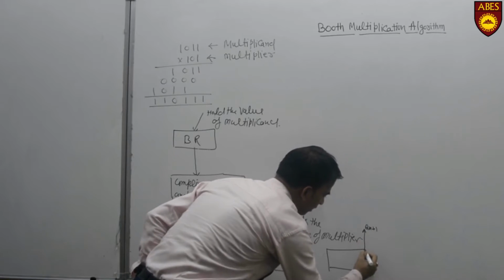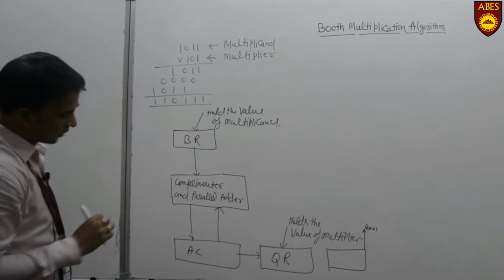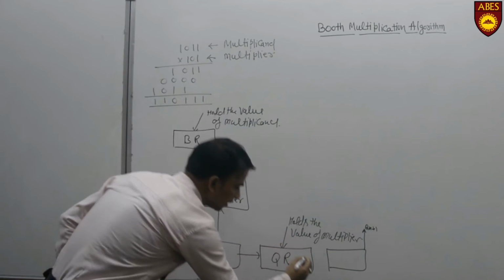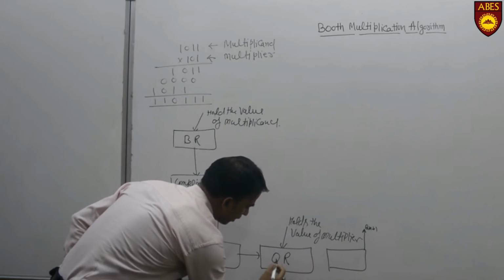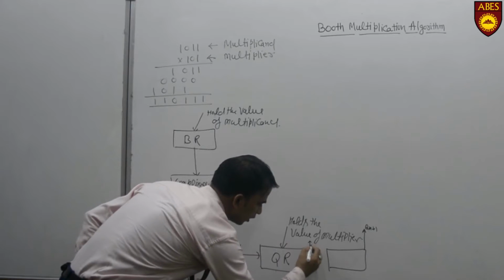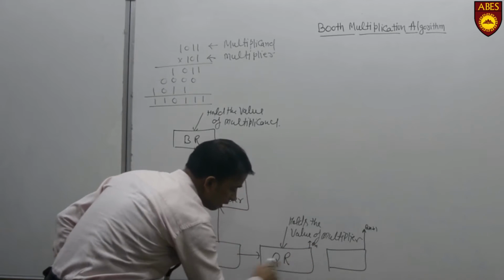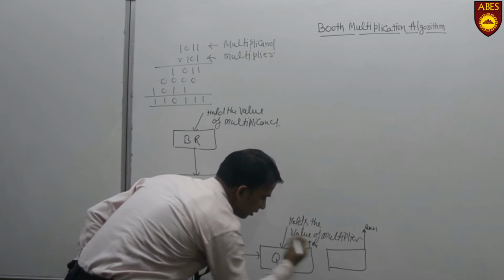That register is basically used for 2-bit inspection. The least significant bit of the multiplier in QR represents Qn.